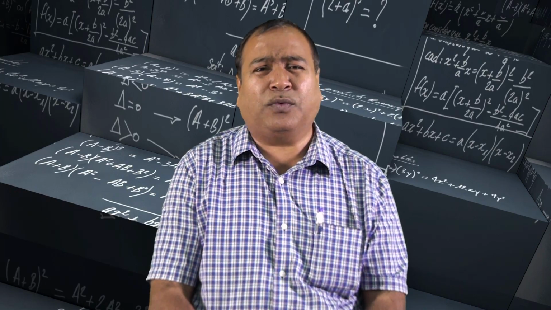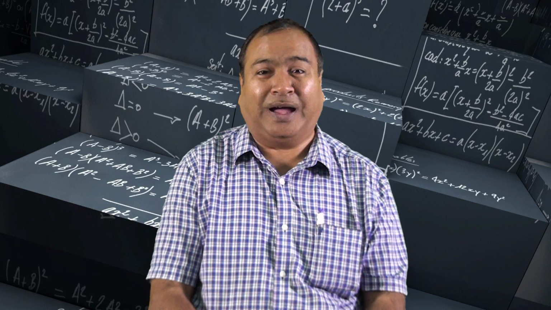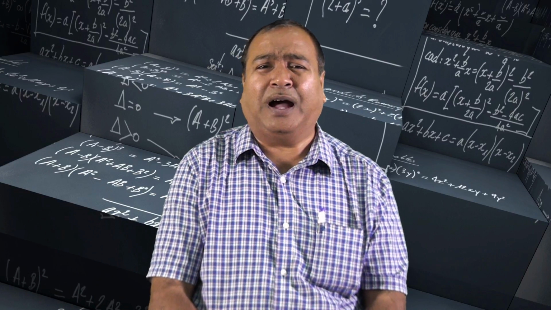Okay, let us take one more example, say 13,225. Observe that it contains 5 digits. And let us see how the steps follow in this case. Step 1. Take two groups from the digits of the given number such that one group contains 132, another group contains 25. Step 2. Choose 11 and 12 such that 11 square is less than 132, which is less than 12 square. Step 3.